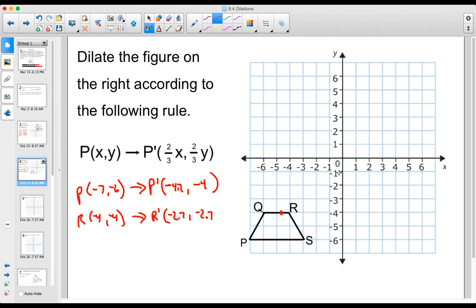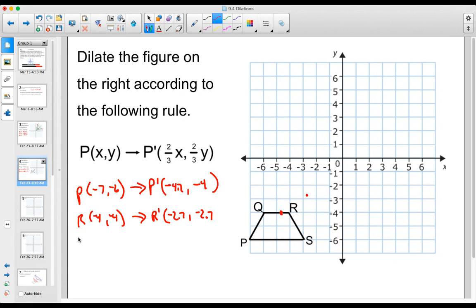So (-2.7, -2.7) is going to be right about here. So we've done P prime and R prime, which are opposite one another.